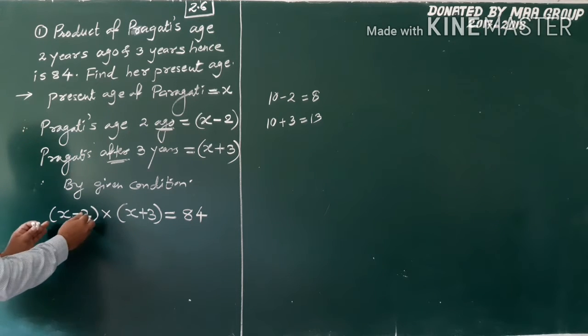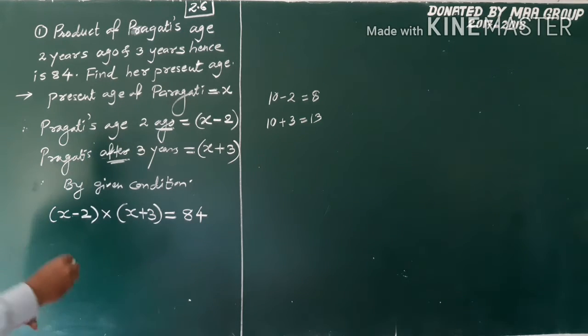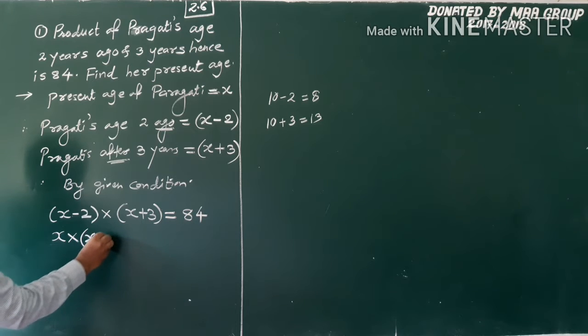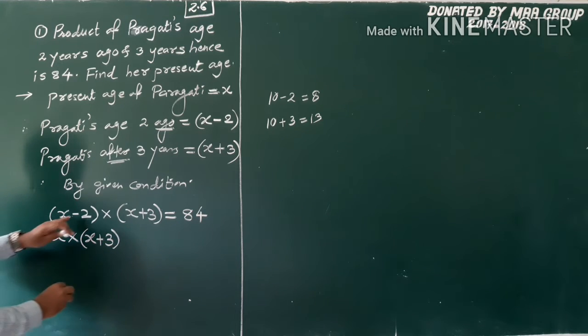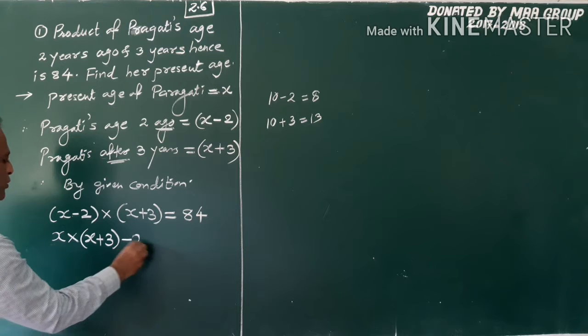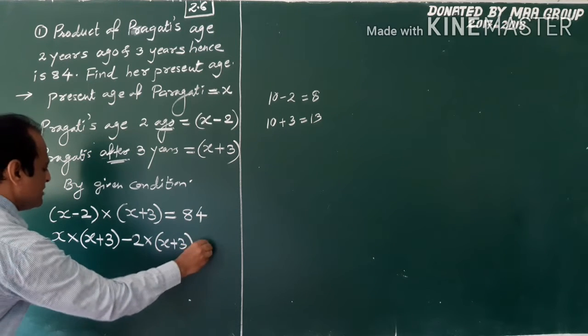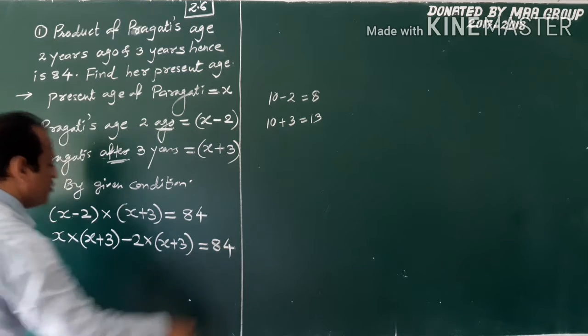Now multiply both these brackets. As usual, we are going to multiply the first bracket by the second bracket. In this way, the first term x into the second bracket x plus 3, minus 2 into the second bracket x plus 3, is equal to 84.